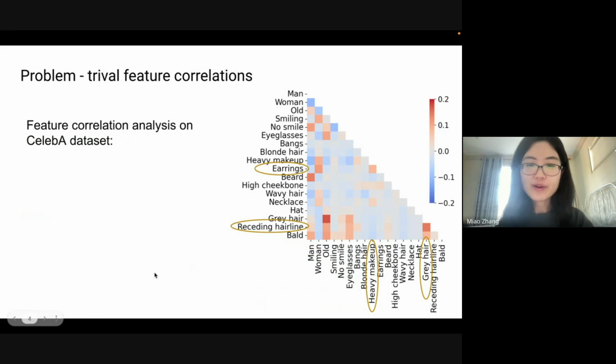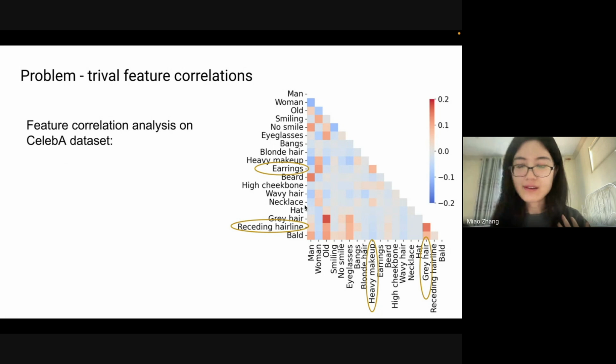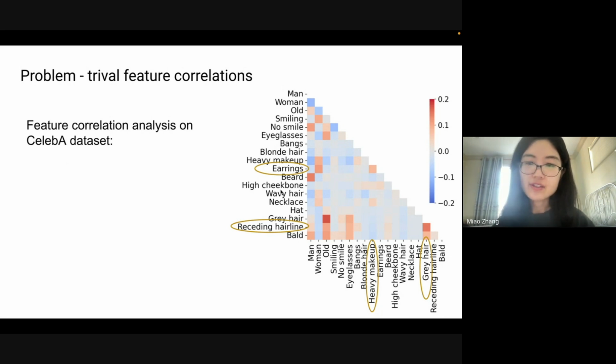So this is a more comprehensive list of pairwise feature correlations that we analyze on the CelebA dataset, a facial attribute recognition dataset. We find that there are multiple correlations, such as earrings and heavy makeup, and gender-related ones, such as men and no smile.